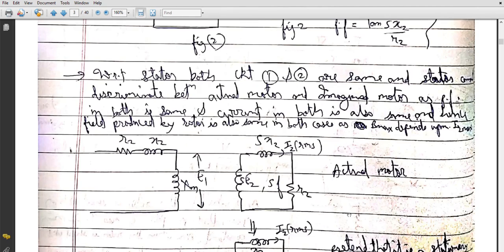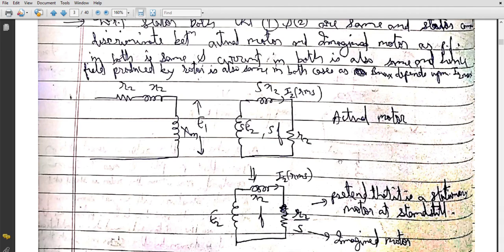This is the actual circuit, and this is your imagined circuit. The actual circuit has s e2, s x2 and then r2. The imagined circuit has e2, x2, r2 by s.